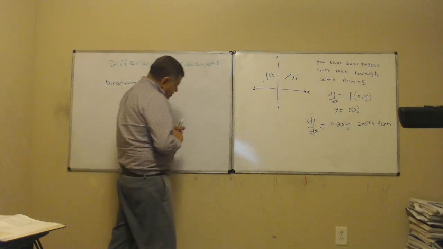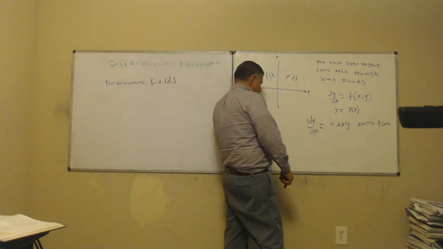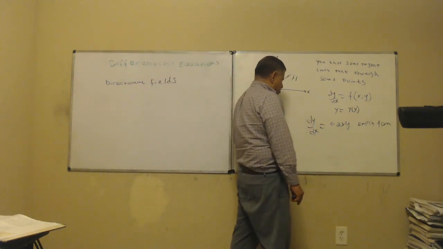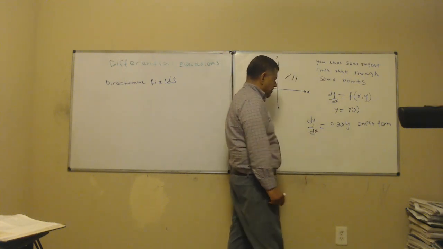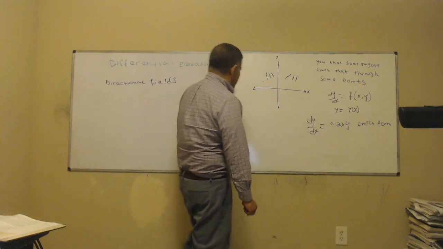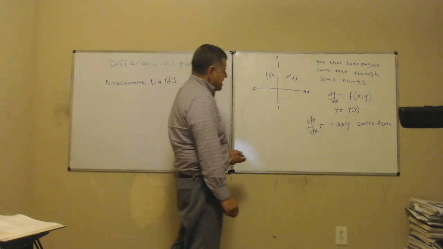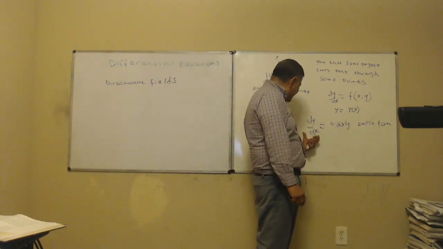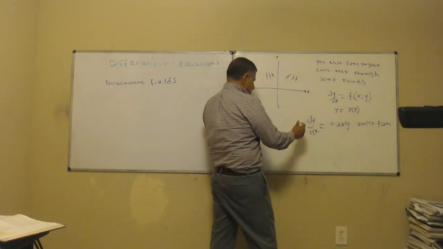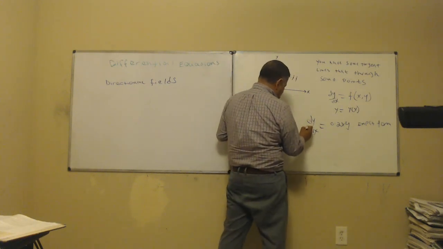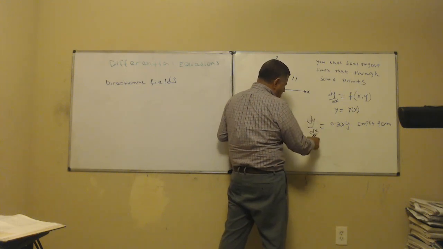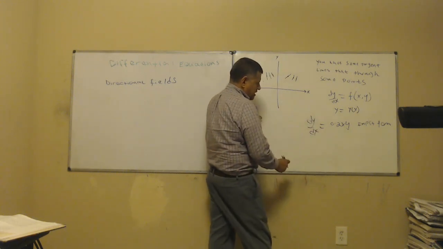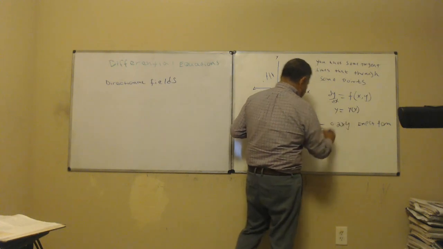Now we don't know what the solution will be for this, but what we can do is assign some values. We know that this is the slope: the changing y over the changing x is equal to this.